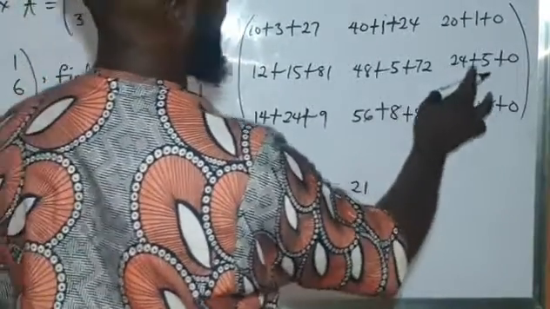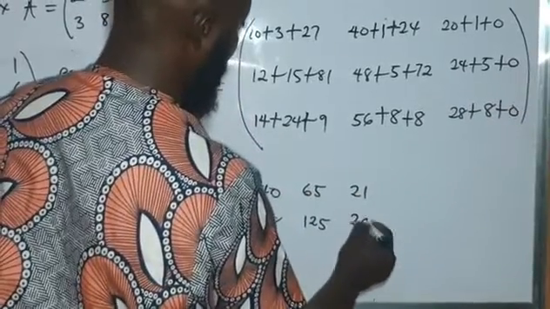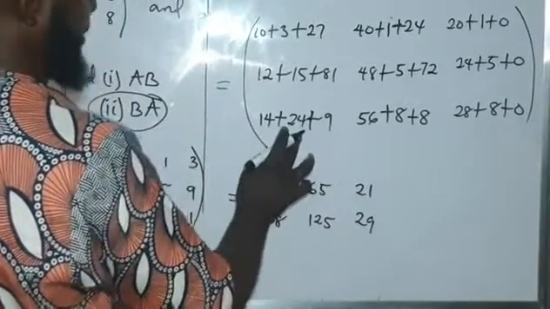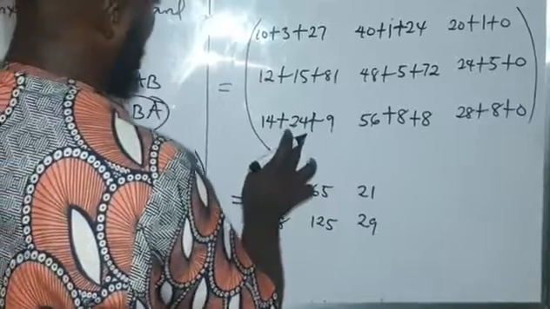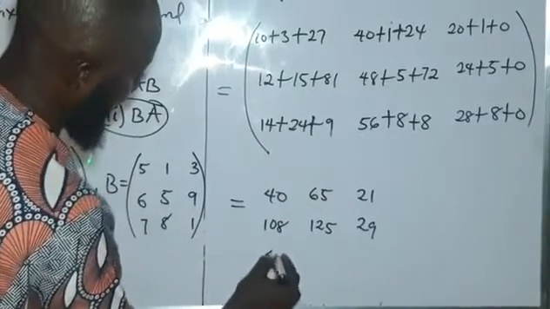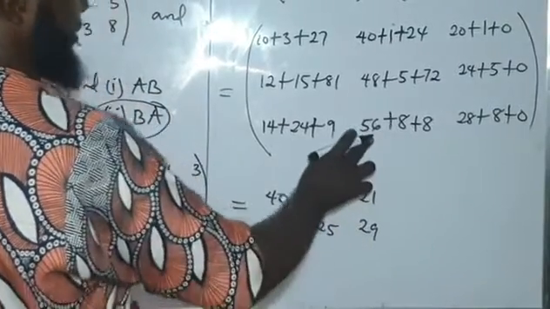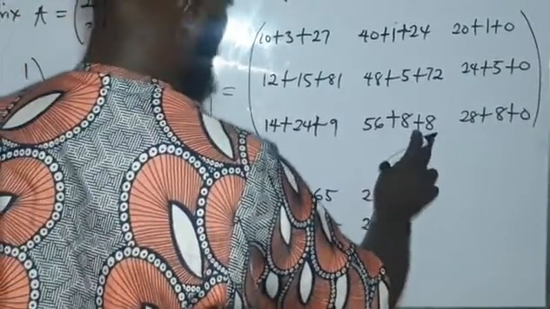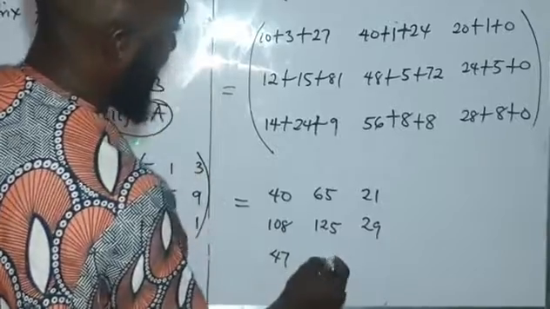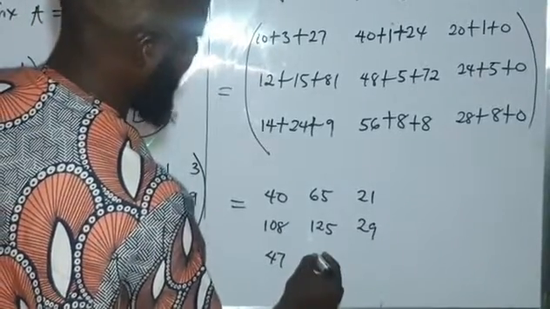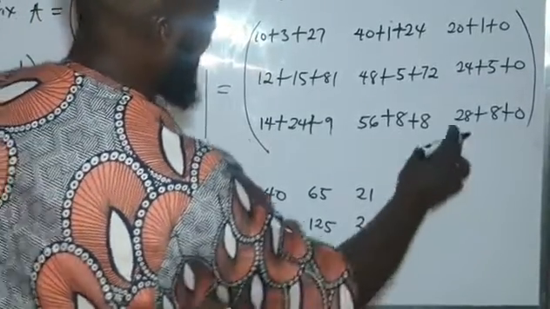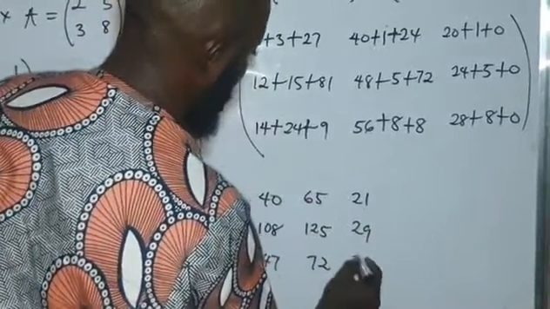Let me confirm that. This gives 29. This is 33, 37, 47. This is 16, this is 64. 64 plus 8, that is 72. Then this is 36.